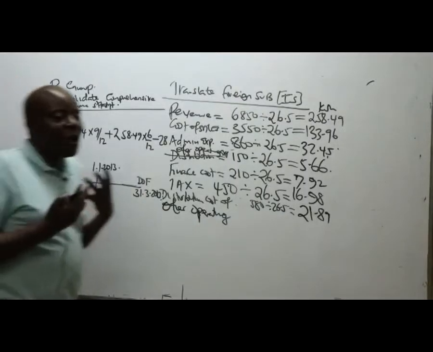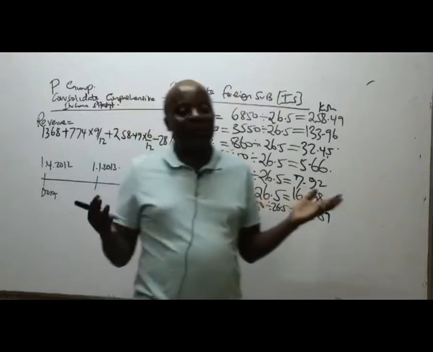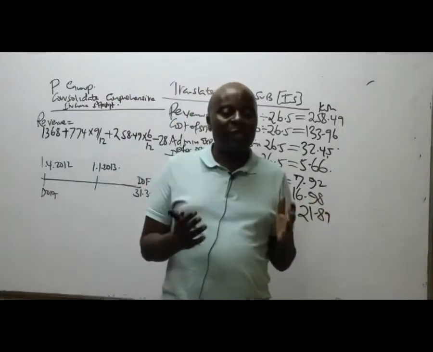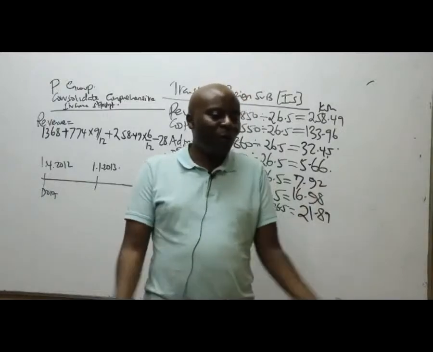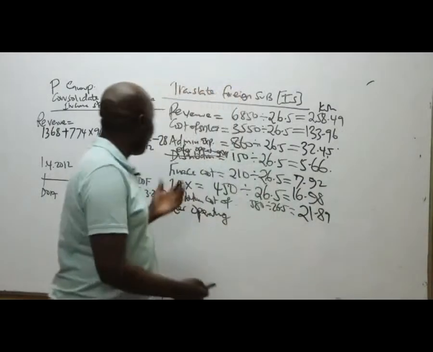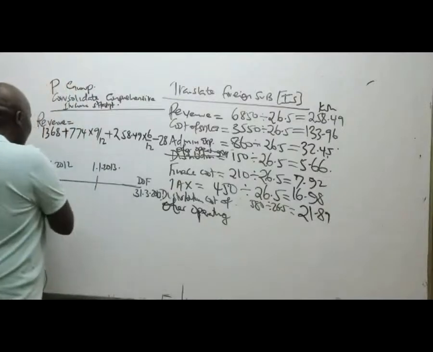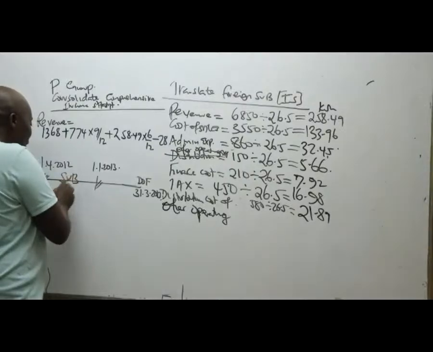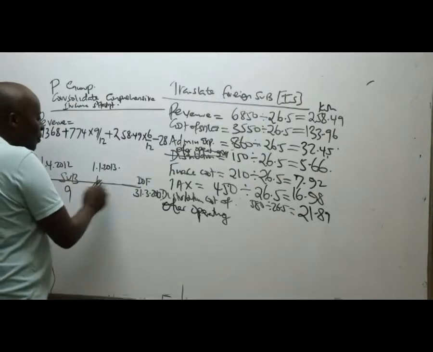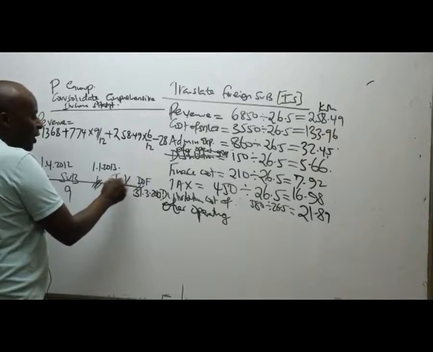But was it our subsidiary for the entire 12 months period? No, it was only our subsidiary from this period to the disposal period. So here it was a subsidiary for 9 months, and from here to here, it was a JV, joint venture, for 3 months.